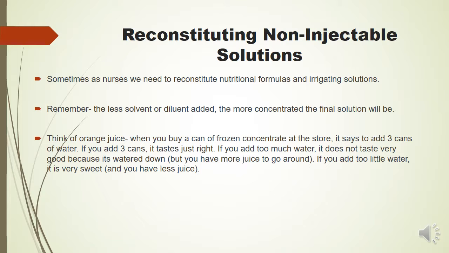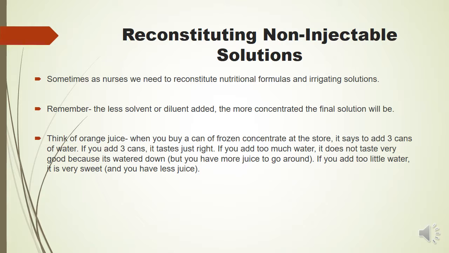So let's talk orange juice again. I bought my can of frozen concentrate to have with my lovely Sunday pancake breakfast. It says to add 3 cans of water. So I add my 3 cans of water, and it tastes just right, just like the pre-mixed stuff you buy in the jug.